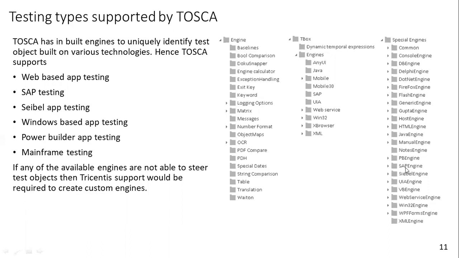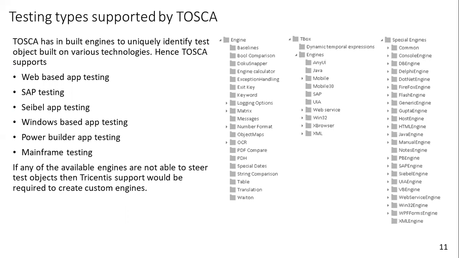When you try to scan a SAP application, since you have launched the SAP application, Tosca will internally launch the SAP engine and make it ready to identify the test objects on that particular window where SAP is present.